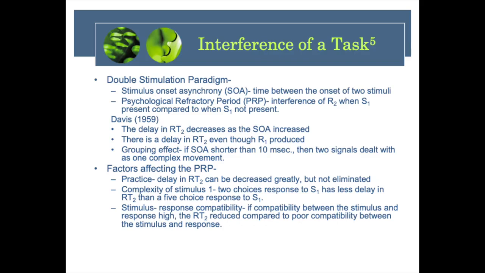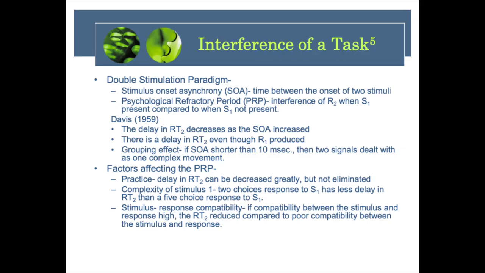The second thing is the complexity, the number of choices that you have in your response, which is also going to affect the response time delays. So if stimulus 1 has a potential of 2 choices versus a potential of 5 choices, when you have 5 choices, your response time will be greater. And again, that goes back to what we've already talked about for information processing. The more choices for a response, the longer the response time will be.